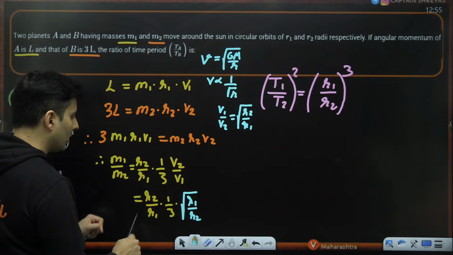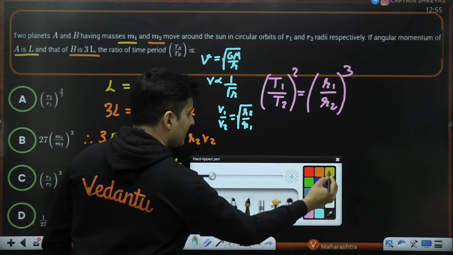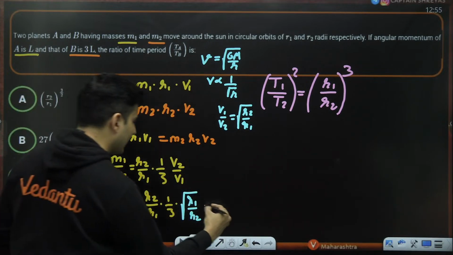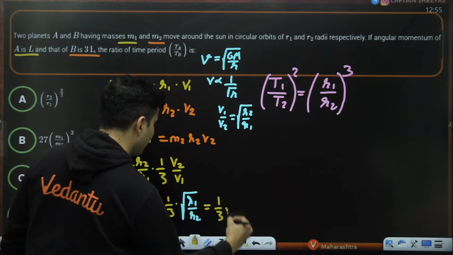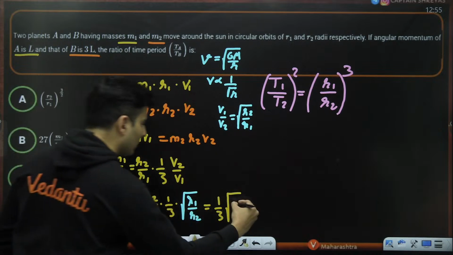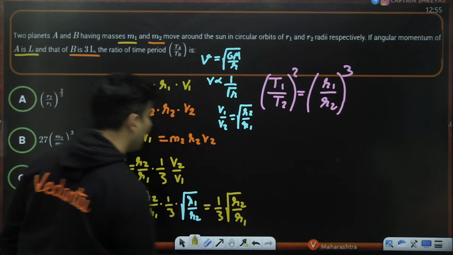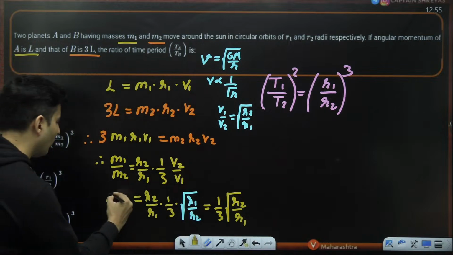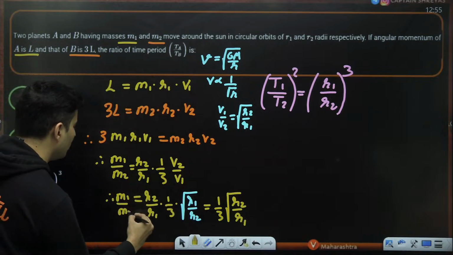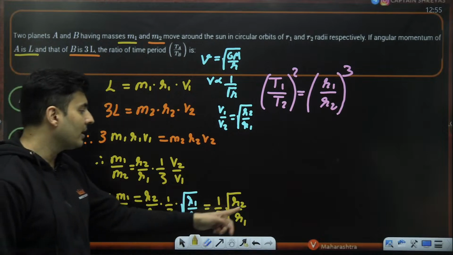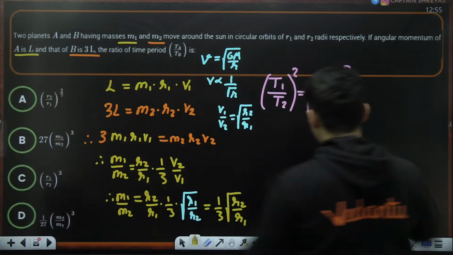Now root r1 will cancel, same thing, root r2 will cancel. So I will be left with 1 by 3 and root of what on the top? R2 will be there, and here R1 will be there. So M1 by M2 is 1 by 3 root R2 by R1. Let's put that over here.